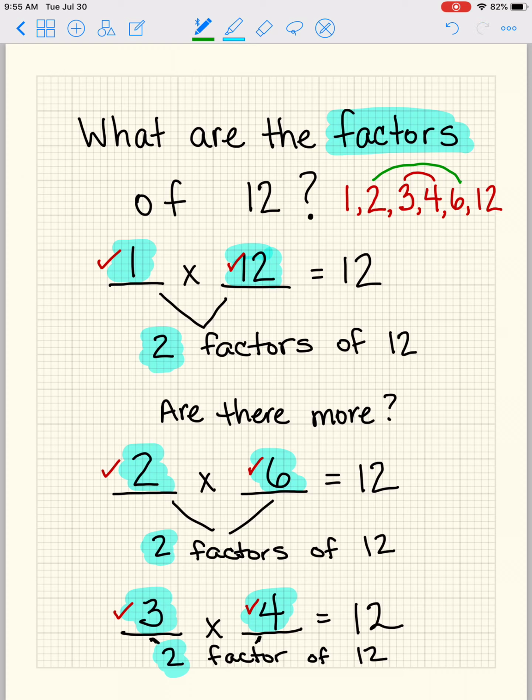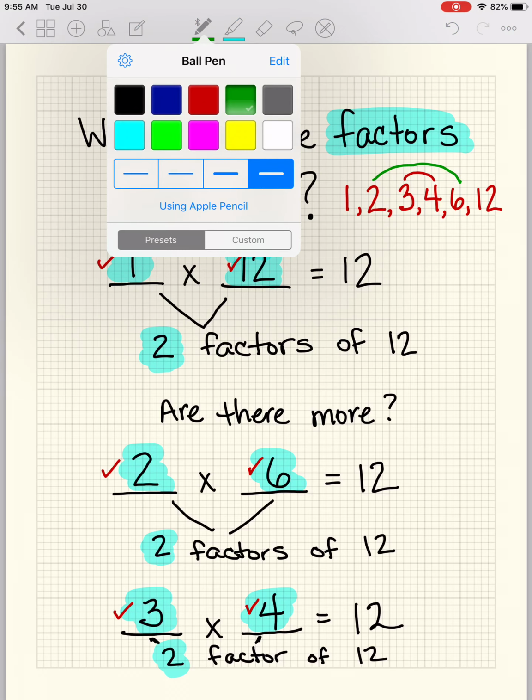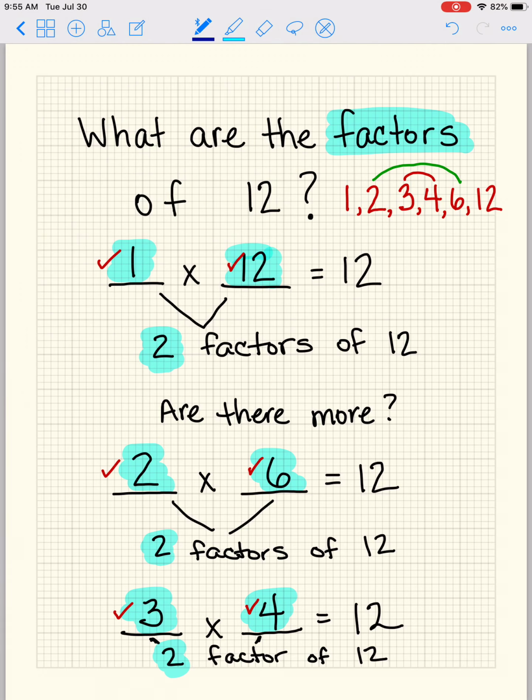And you can see that rainbow forming. So I know that I multiply 2 times 6, and that equals 12. And then finally, you're going to make the biggest part of your rainbow. You're going to connect the 1 and the 12 together. And you know that 1 times 12 equals 12.